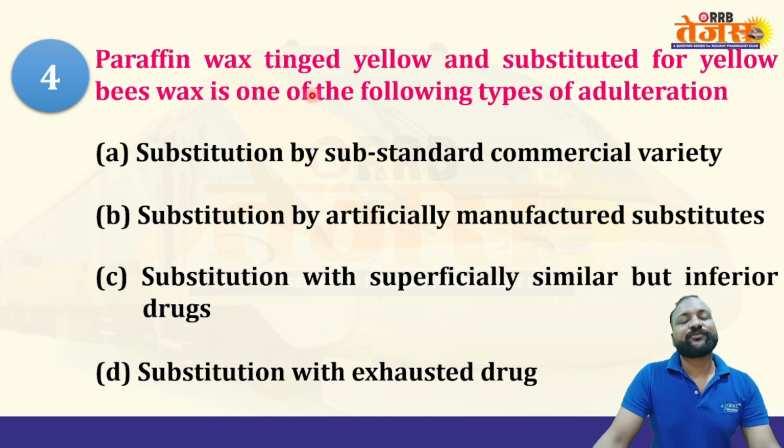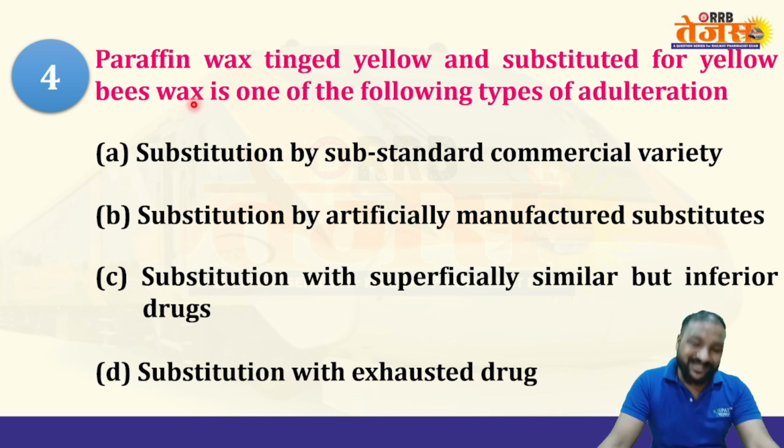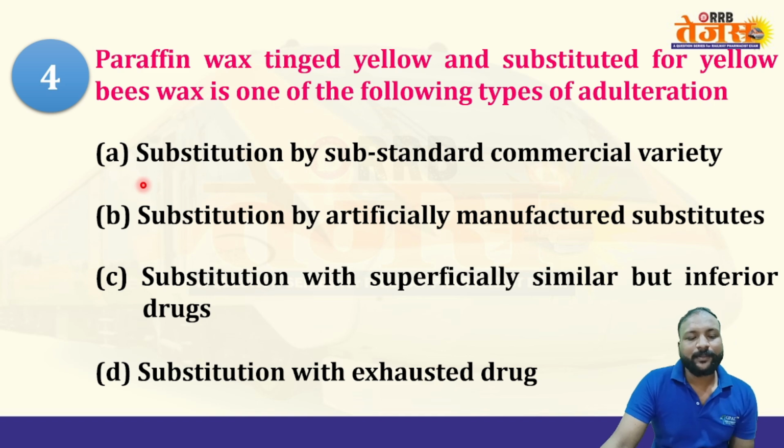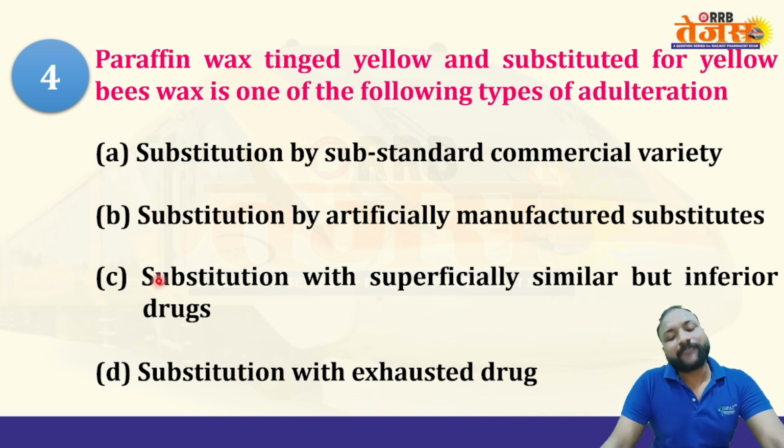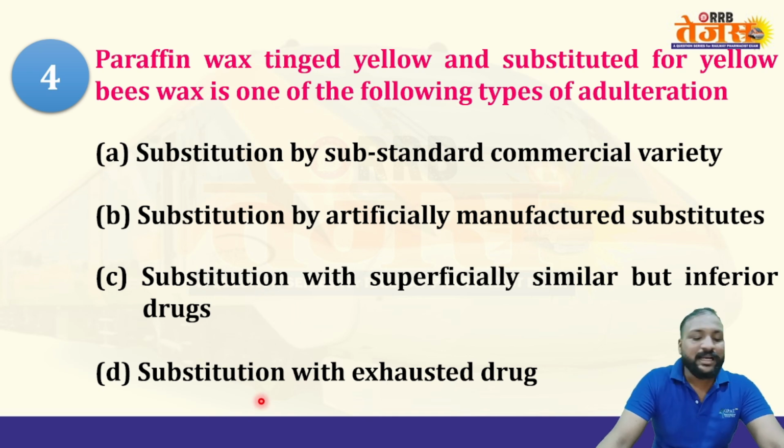Here they are giving you the example and asking which type of adulteration it is. Okay, so let us see the options here. A, substitution by substandard commercial variety; B, substitution by artificially manufactured substitutes; C, substitution with superficially similar but inferior drugs; and D, substitution with exhausted drug. So let me know the right answer here.